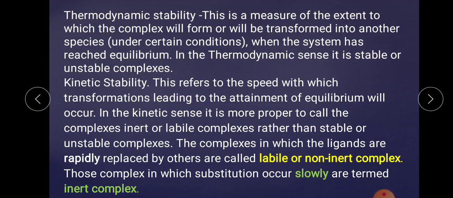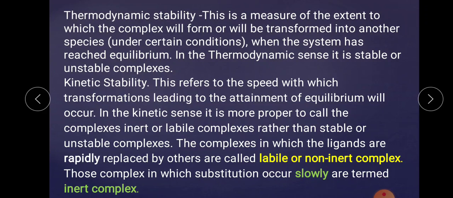When we are interested in kinetic stability, primarily for complex ions in solution, we deal with rates and mechanisms of chemical reactions such as substitution, isomerization, racemization and electron or group transfer reactions, as well as with the thermodynamic variables involved in the formation of intermediate species or activated complexes.